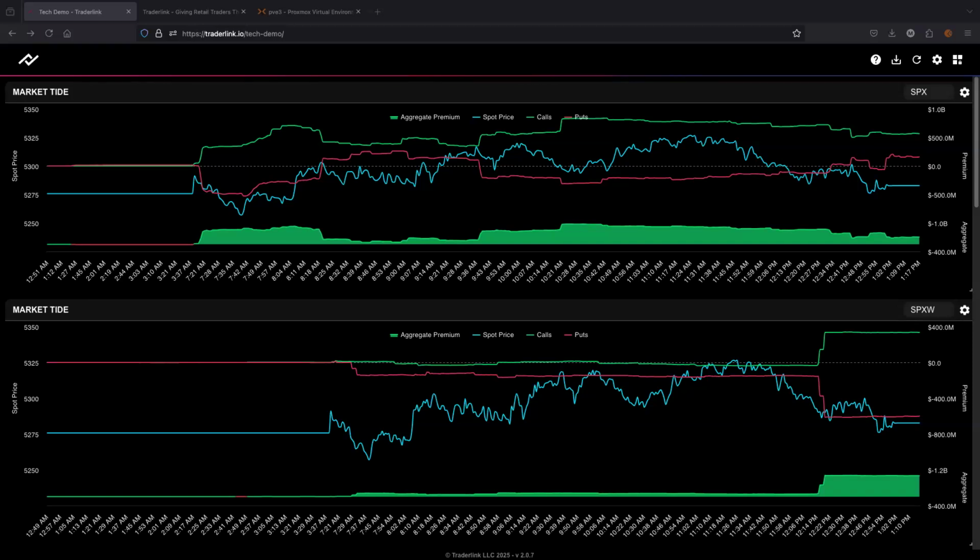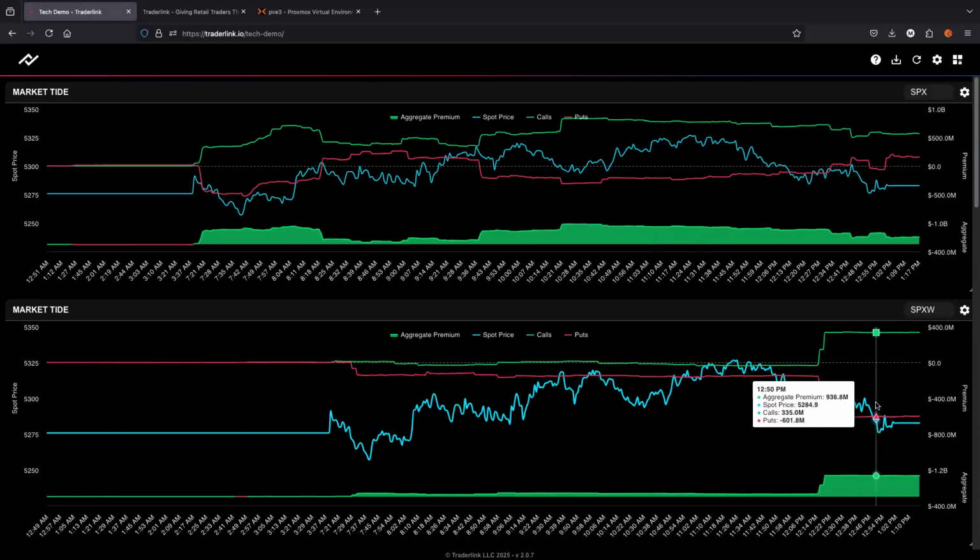The larger the position, the more inclined I would be to look at it, right? Like I don't care about an individual options order for $20,000, but you see a multi-leg that comes in at $500 million, that's somebody playing with some serious money. Those people don't want to lose. So I think this is just a quick and dirty way to start implementing Market Tide, right? We can look for divergences.